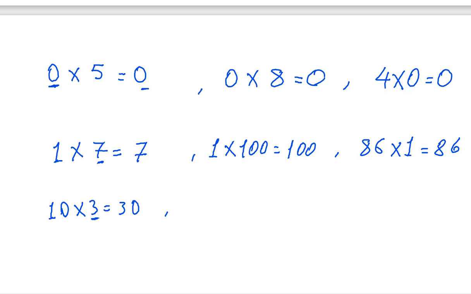The same if you want to multiply 12 by 10: just write 12 and add 0. So if you need to multiply 10 multiplied by 8, in this case we write the 8 and just add 0.